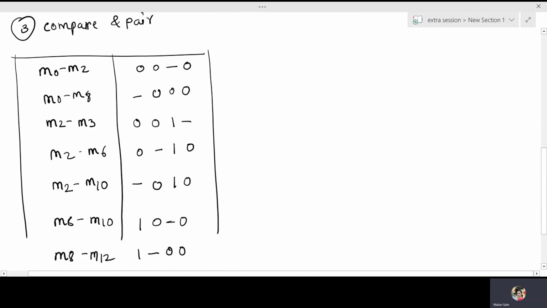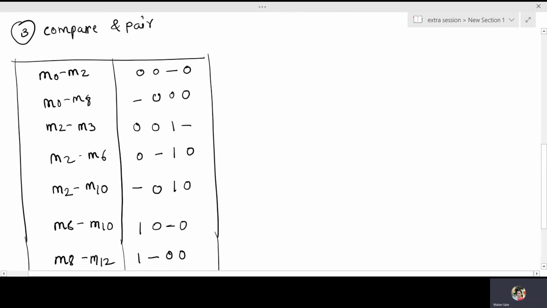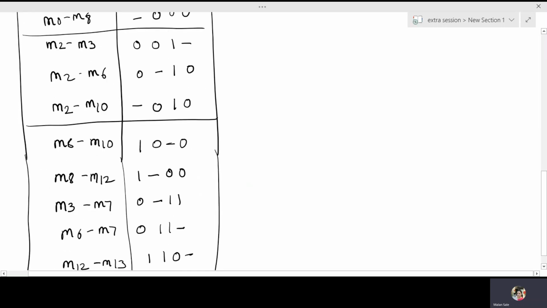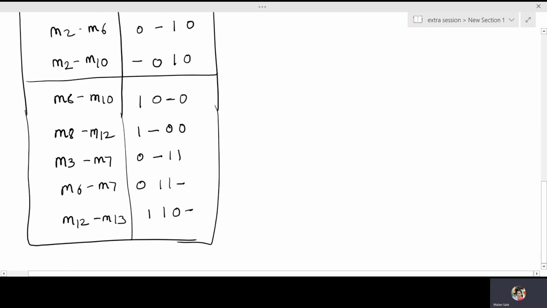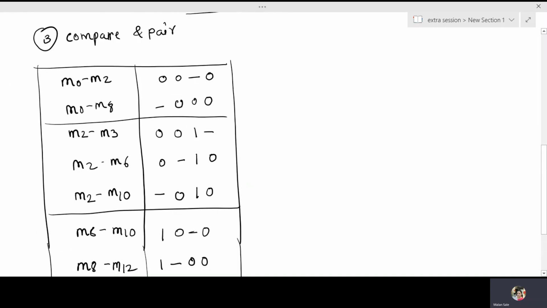Now the next step is grouping continued by comparing each minterm with the next one. There are 3 groups.